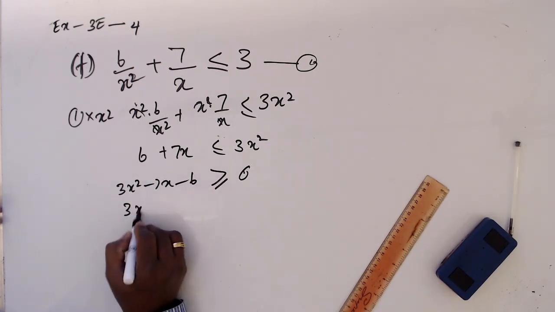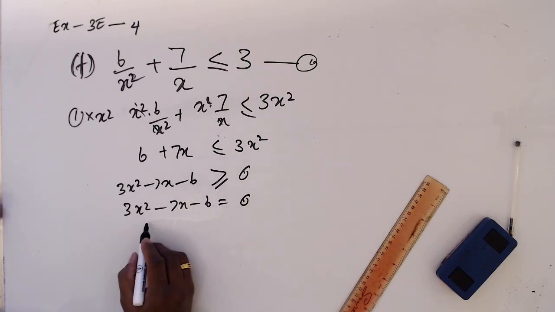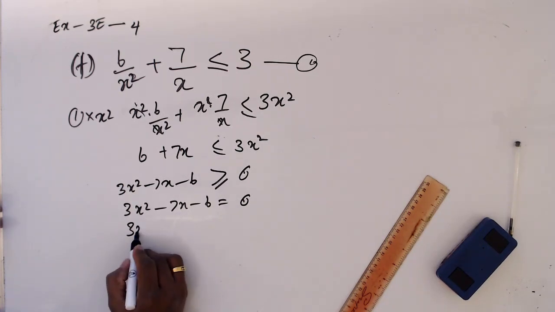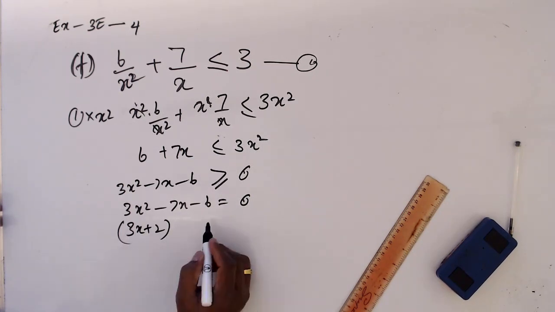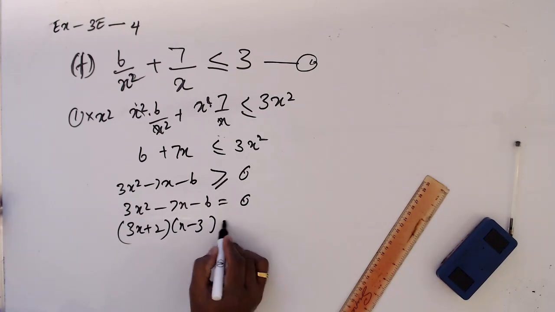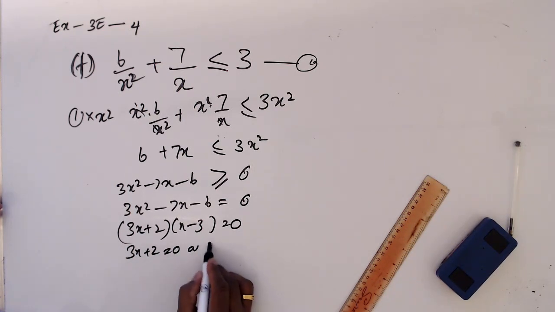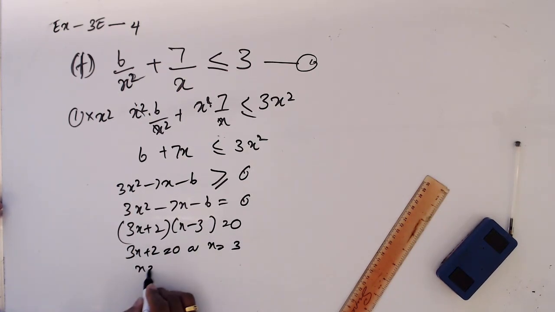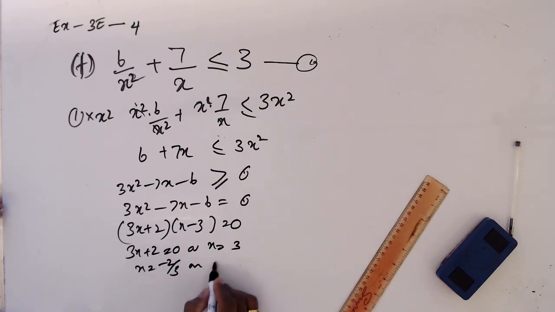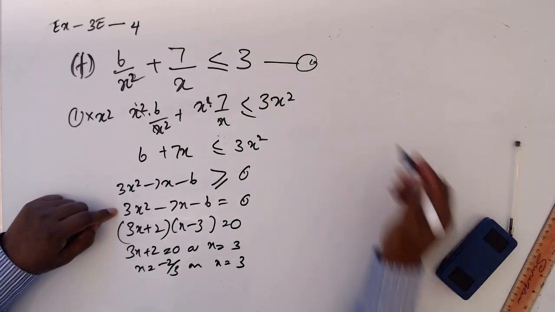Now I consider the equation. I can factor: (3x plus 2)(x minus 3) equals 0. 3x plus 2 equals 0, or x equal, 3x equal minus 2 over 3, or x equal 3. Now this is a quadratic equation with the minimum.